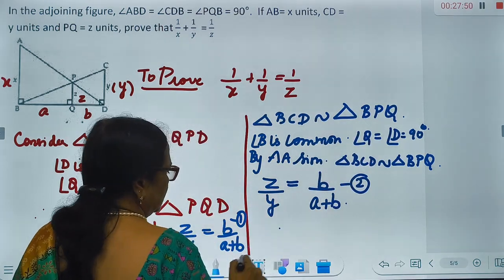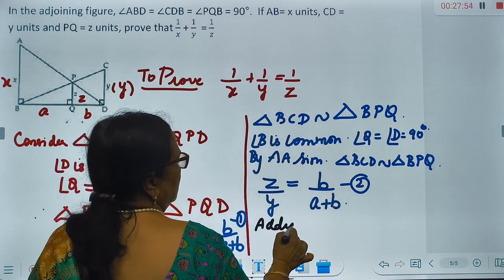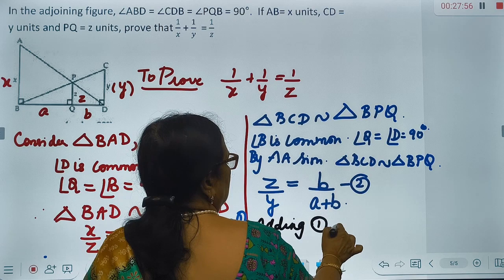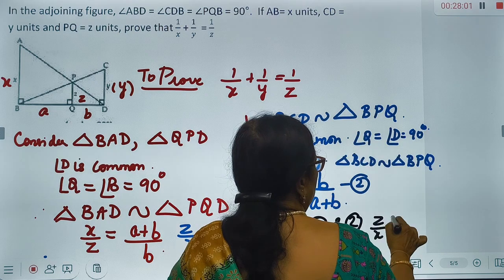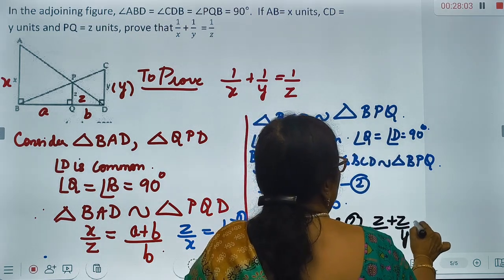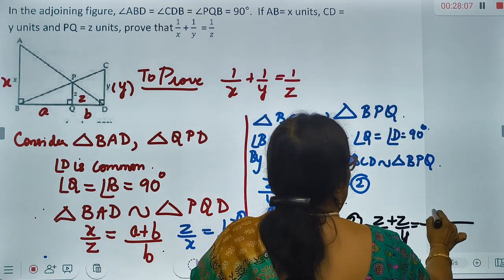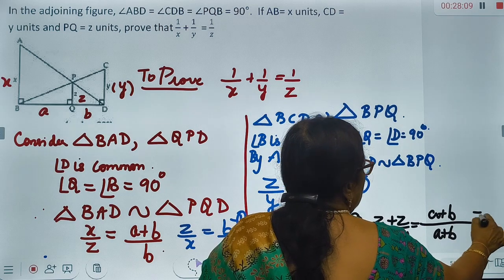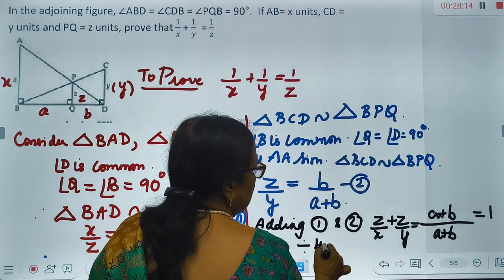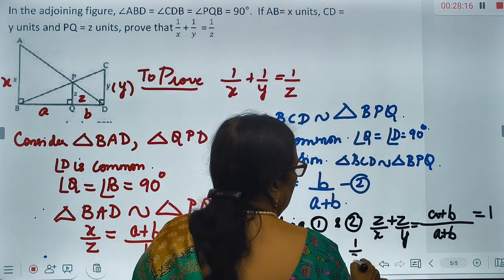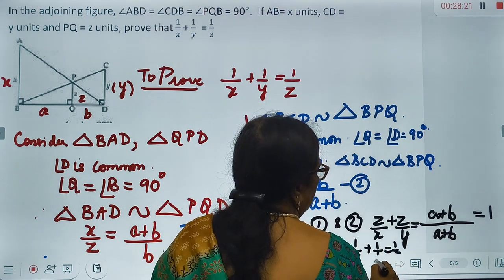Adding 1 and 2, you get Z by X plus Z by Y equal to, I can take LCM as A plus B, then the numerator will be A plus B, which is 1.